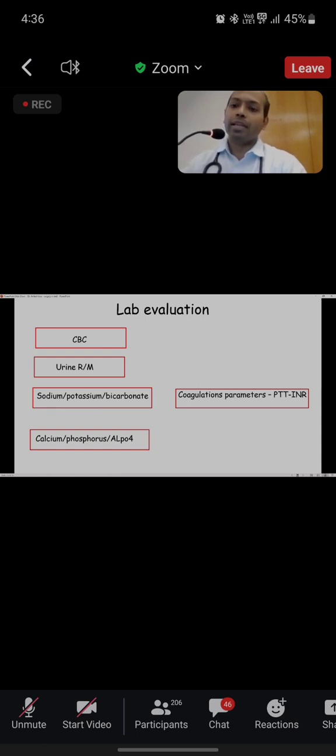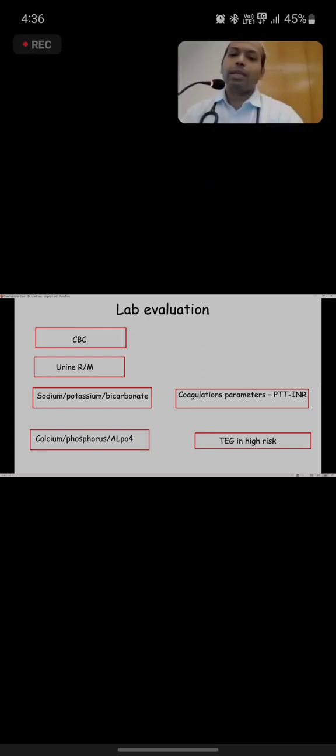Most important are coagulation parameters like PT, PTT, INR, and thromboelastogram in a high-risk patient. And also ECG and 2D echo to know the baseline cardiac status, and also as a tool for volume assessment, with 2D echo to know the IVC, the heart pressures, and lung comets. They can guide us for fluid assessment.